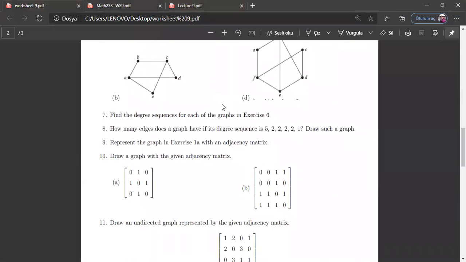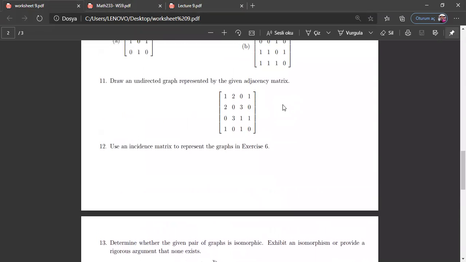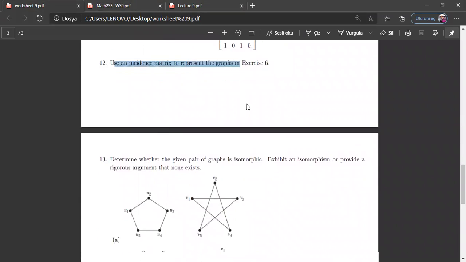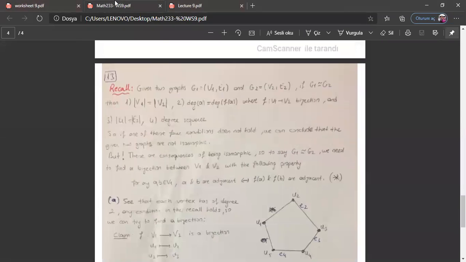Now this is the last question. So we will determine if the given two graphs are isomorphic or not. Here we have the definition.